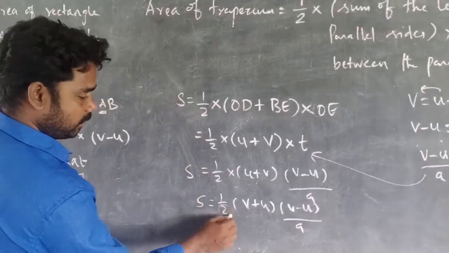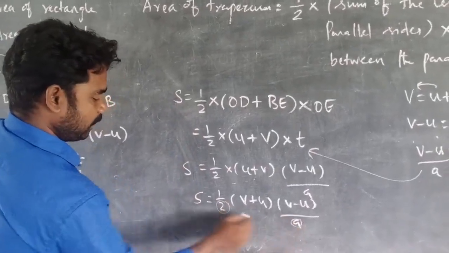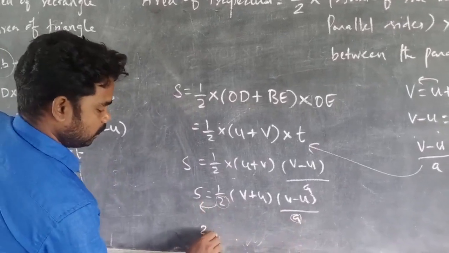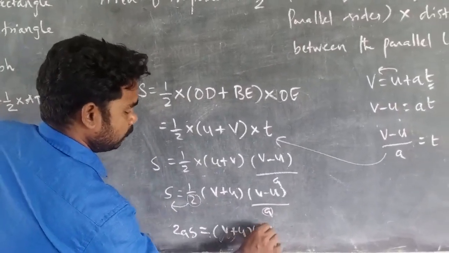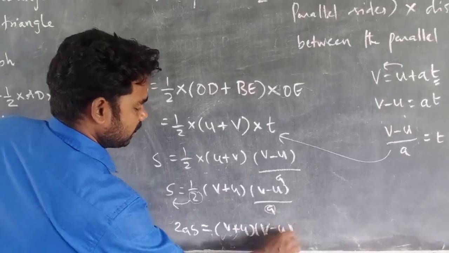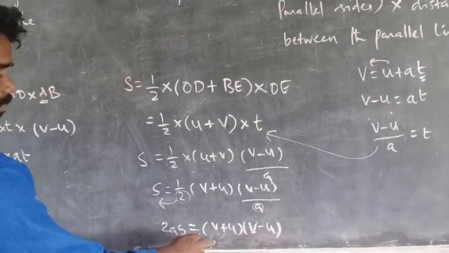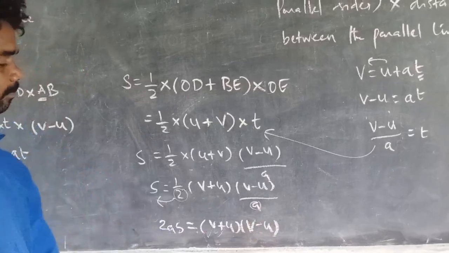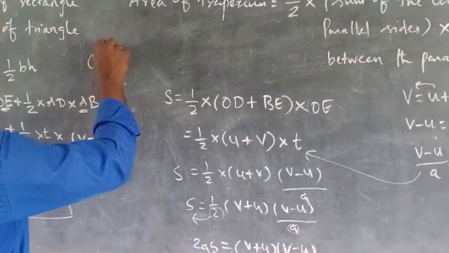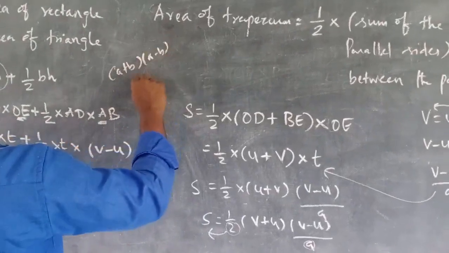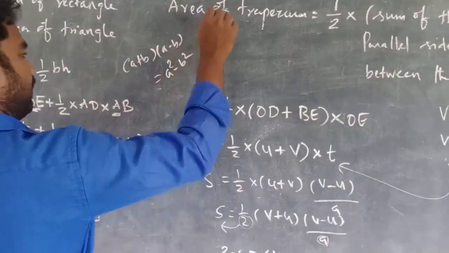Take the value 2 into A to this side. 2AS is equal to V plus U into V minus U. Do you know the formula V plus U into V minus U? Can you remember? A plus B into A minus B is equal to A square minus B square.